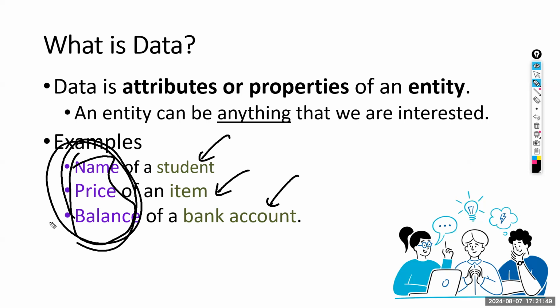It is a particle, part of an atom. So likewise, you must know what is data, what is information, what is entity. Entity is anything that we are interested in. Data is an attribute or property of an entity. That entity can be living physical, non-living physical, or conceptual, but data is always conceptual.